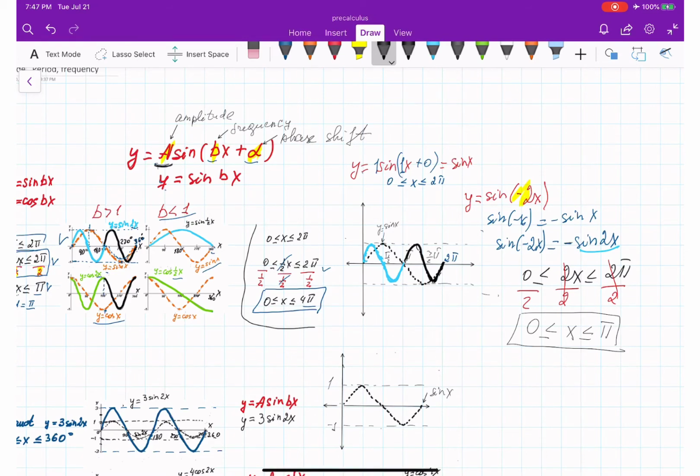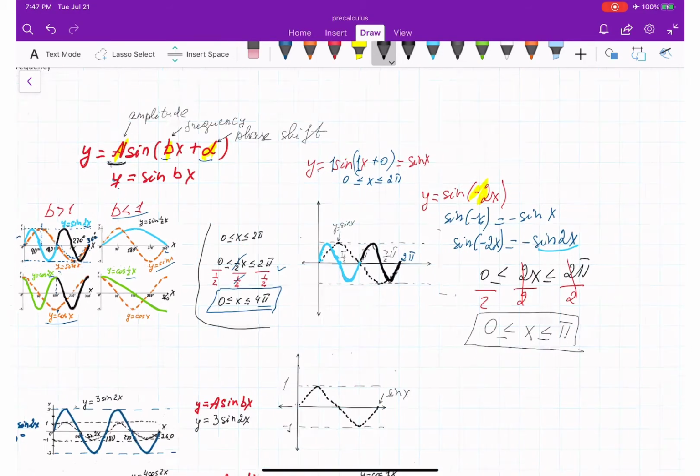Frequency is changing horizontally, shrinking or stretching. Amplitude is changing vertically, up or down, okay?